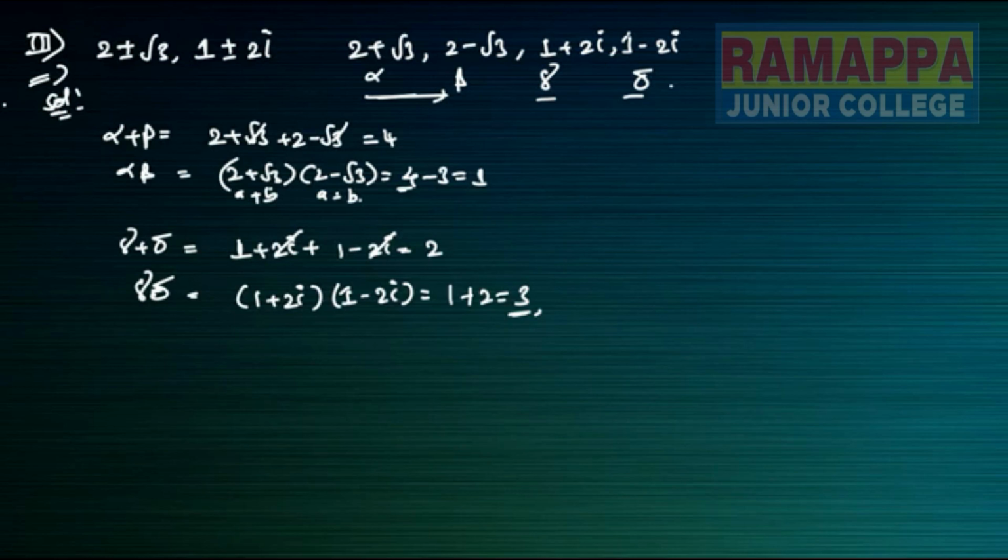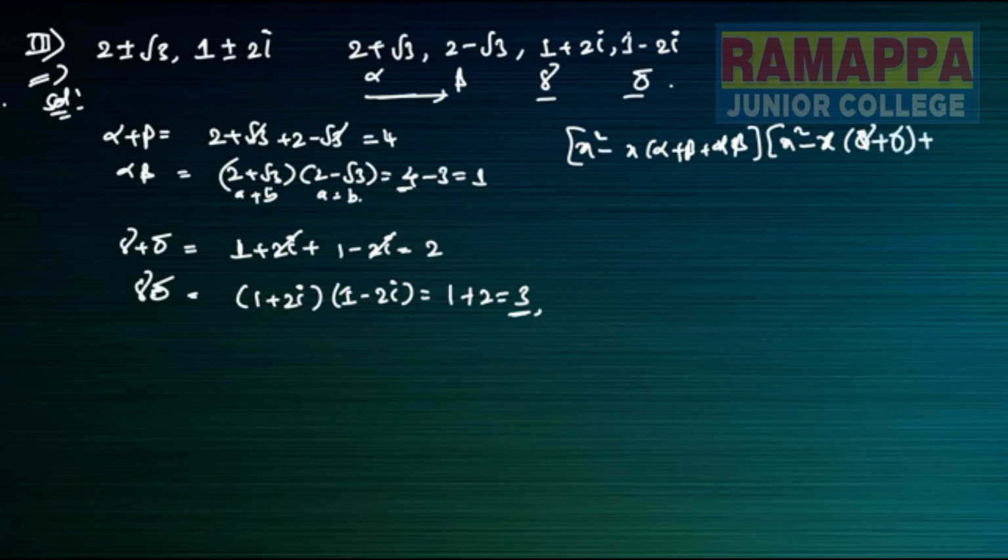So the equation we know already: x square minus x into (alpha plus beta) plus alpha beta, into x square minus x into (gamma plus delta) plus gamma delta is equal to 0. So we have to substitute these values in this equation, and we will get the answer here.